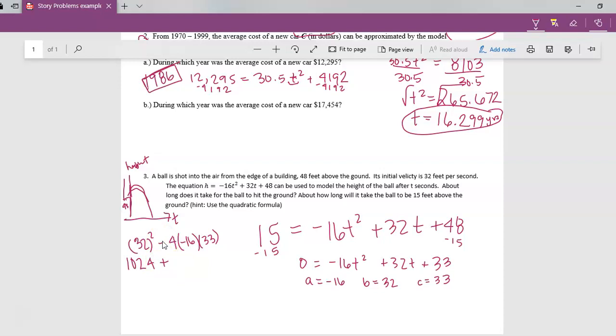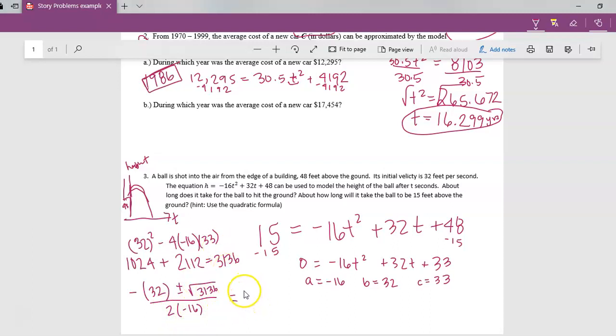And if I multiply those three numbers together, I get 2,112. So my discriminant is equal to 3136. So remember then the quadratic formula says -b, so -32 plus or minus the square root of our discriminant, 3136, over 2 times a, and a is -16.